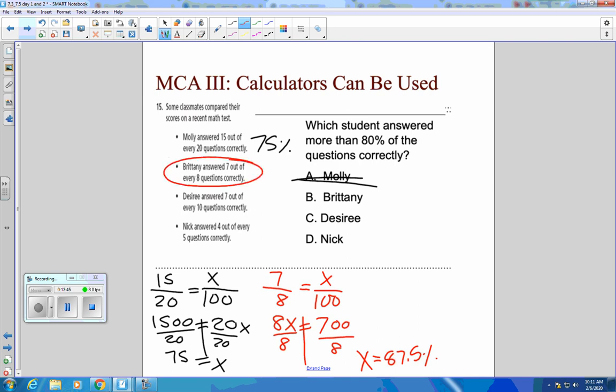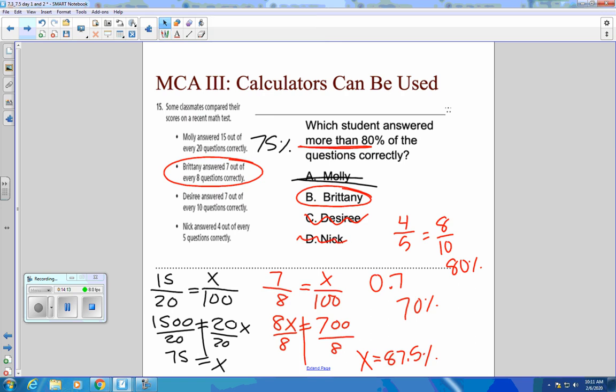So Brittany got more than 80%. Then to just check, 7 out of every 10 is the same as 7/10, which is the same as 70%. So it's not Desiree. And then for Nick, he got 4 out of 5, which is the same as 8 out of 10, which is the same as 80%. But the question is asking for more than 80%. So it's not Nick. So it has to be Brittany.